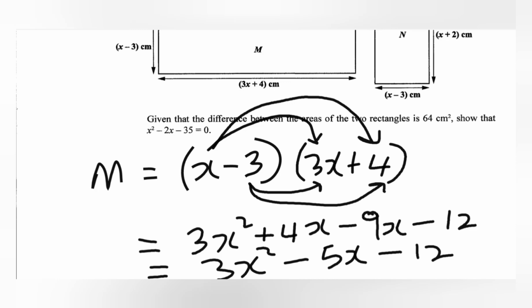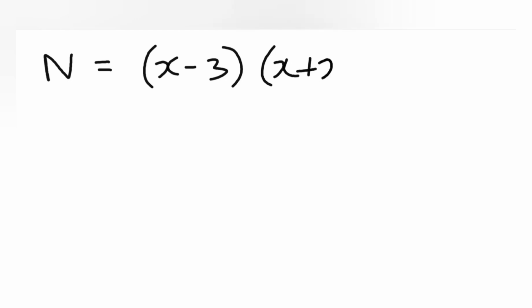Therefore, the area of rectangle M is going to be 3x squared minus 5x minus 12. So we're going to calculate the area of rectangle N. One length was x minus 3 and the other length was x plus 2.